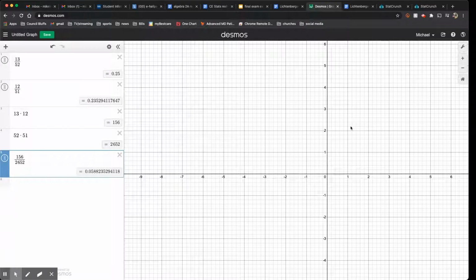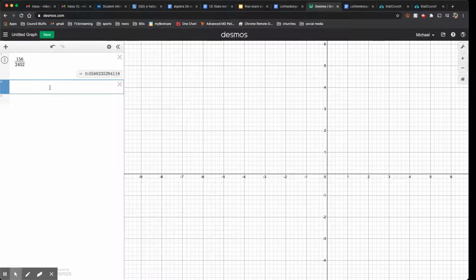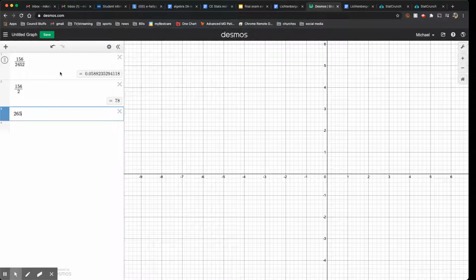If you want to simplify the fraction, an easy way to do it is to just keep dividing the numerator and denominator by 2 until you can't anymore. So 156 divided by 2 is 78. 2652 divided by 2 is 1326.